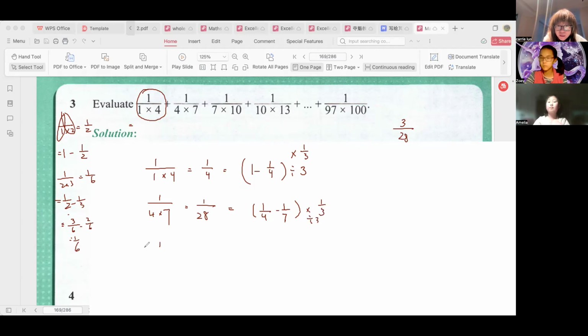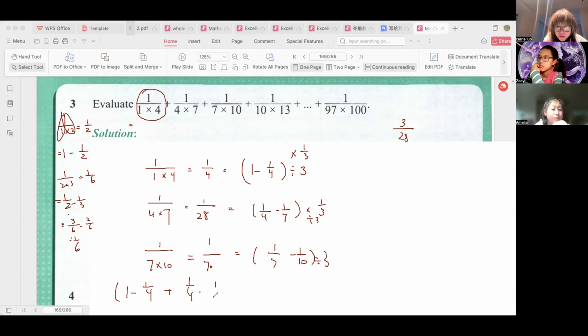Okay, so if you take all of them, you're going to find out it actually equals what? 1 over 7 minus 1 over 10, divided by 3. So how do we do it? We still do everything the same. 1 minus 1 over 4 plus 1 over 4 minus 1 over 7 plus 1 over 7 minus 1 over 10, and the last one will be plus 1 over 97 minus 1 over 100, sorry.